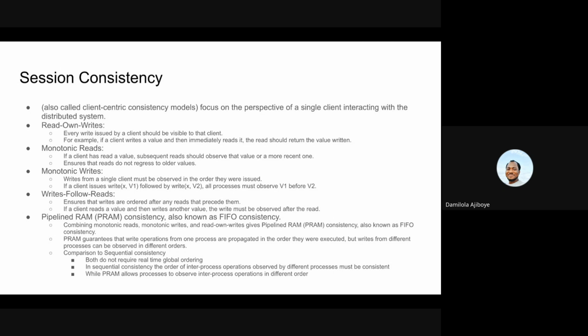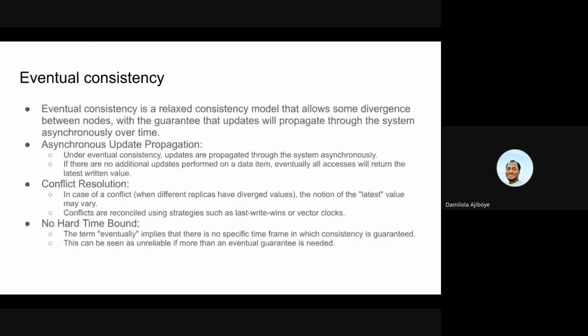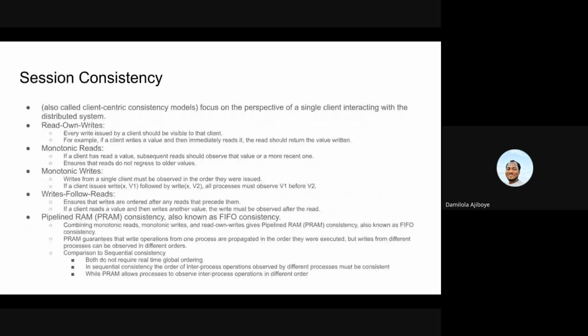Let's see, there's a comparison with sequential consistency here. Both do not require real-time global ordering, but in sequential consistency, we look at all the processes and the operations across the global scene.